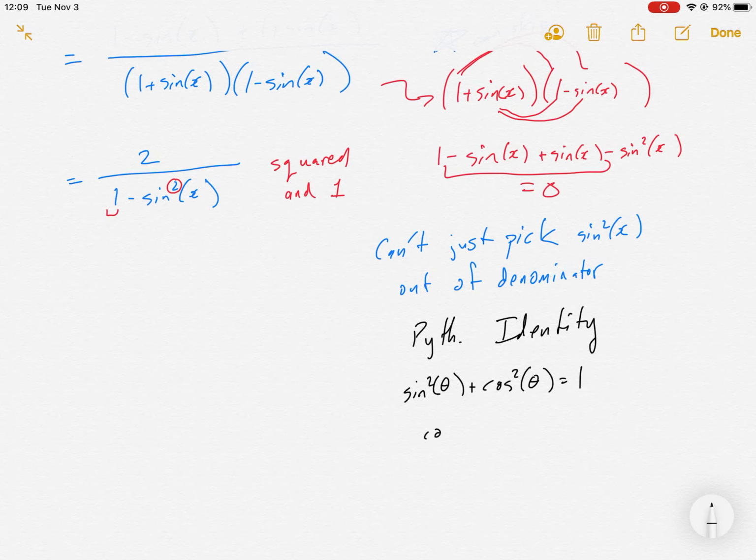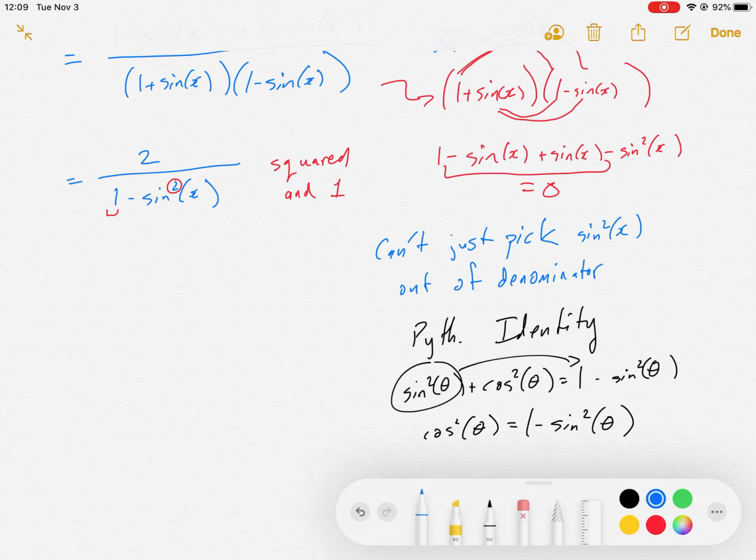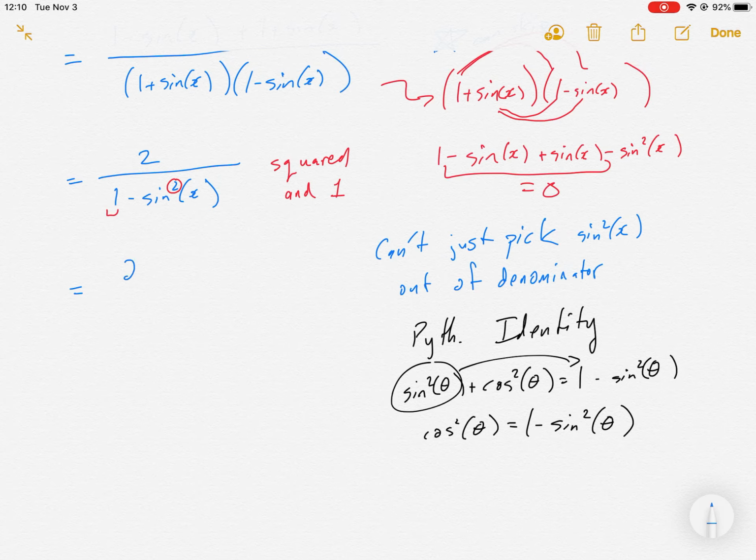Well, that tells me that cosine squared of theta must equal 1 minus sine squared of theta, if I subtract that over to that side. So that means I can go back to what I was working on and rewrite this as 2 over cosine squared. Notice we're using x, not theta, so just be careful with your variables. But this is actually 2 over cosine squared of x.